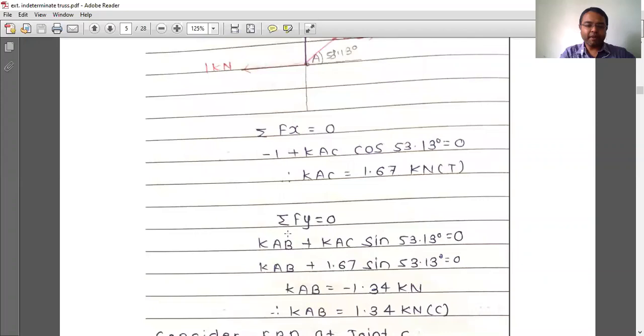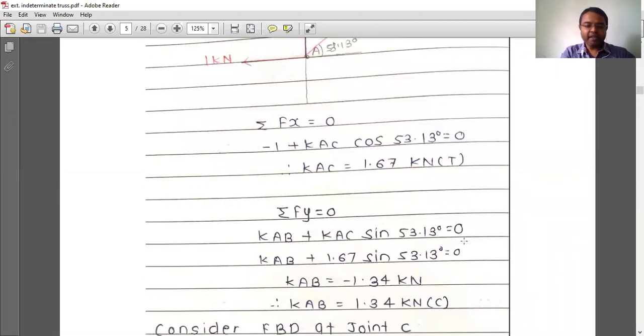Apply summation Fy equal to 0. Here we will consider forces going upward positive, forces going downward negative. So KAB plus KAC sine 53.13 equals to 0.